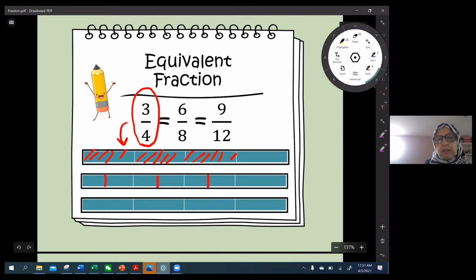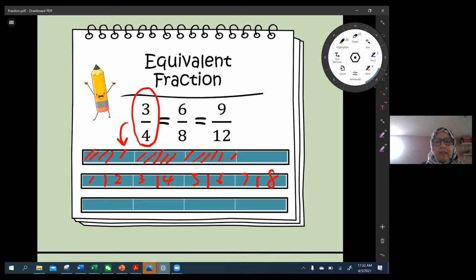Now we have 1, 2. I'm going to write 1, 2, 3, 4, 5, 6, 7, 8. Because the first one was 3 parts, this one is 1, 2, 3, 4, 5, 6. If you look at the number, they are equal. The first one stops here.